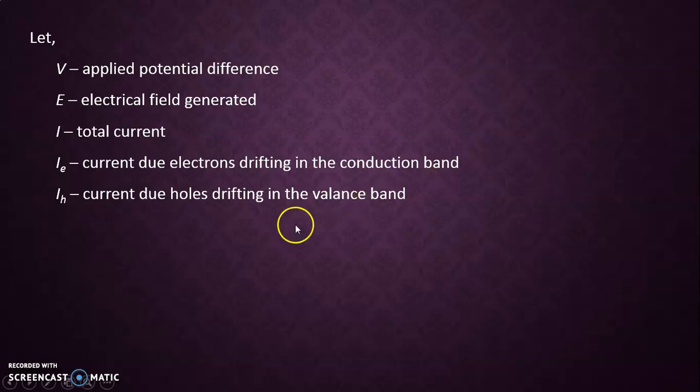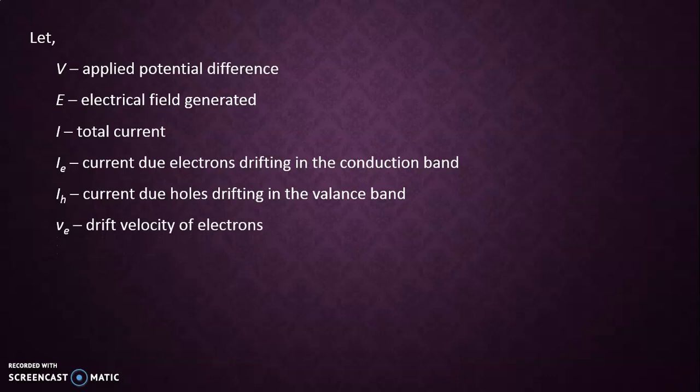Here again see there is I suffix E and I suffix H. Sometimes it is also written as I suffix P, because the positive is considered. We already know the electron is a negative charge and the absence of an electron is a hole, so at that time we are just considering it as positive.